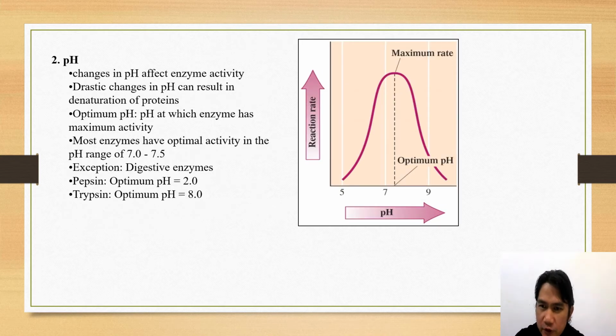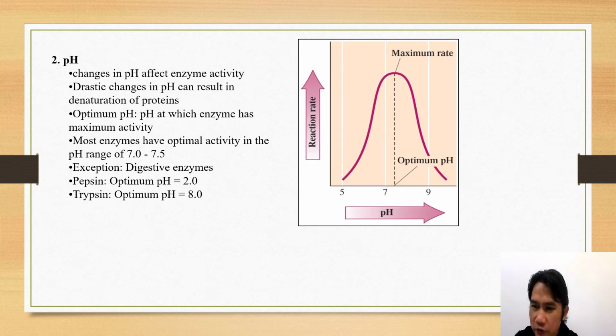The second factor that affects enzyme activity is pH. Changes in pH affect enzyme activity by denaturation. Denaturation, or unfolding of protein, is brought about by the disruption of the salt bridge in the tertiary structure.